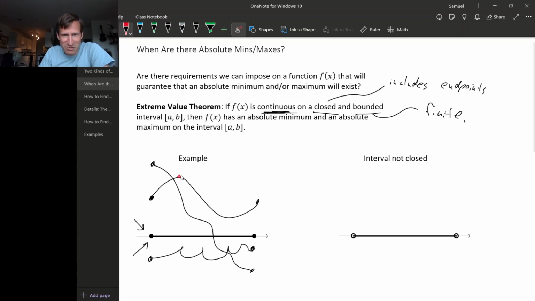For this one, the absolute maximum is there, it looks like. For this one, the absolute maximum is there, all the way over at one of the endpoints. And for my third one, it looks like the absolute maximum is maybe right here.